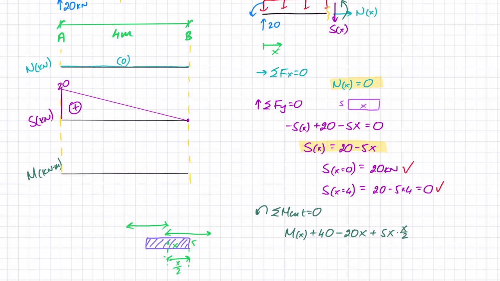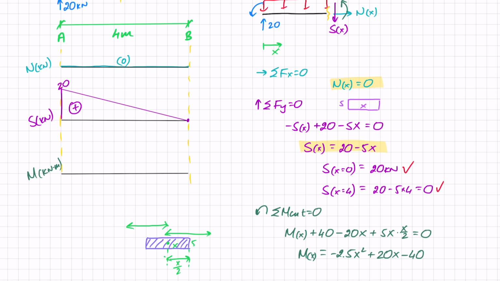Nothing else contributes to the moment, so I can now equate that to 0 and rewrite that equation with the internal moment on one side. So I get minus 2.5 x squared plus 20x minus 40.